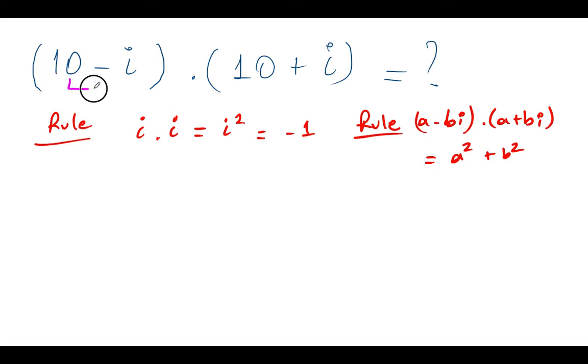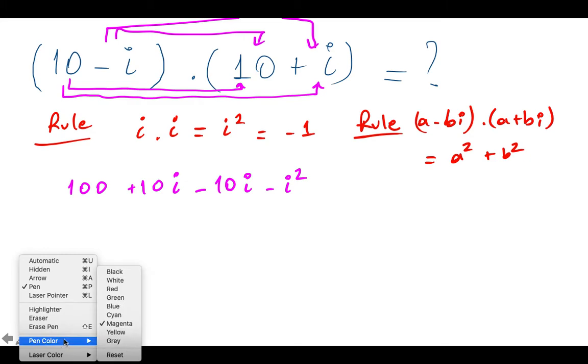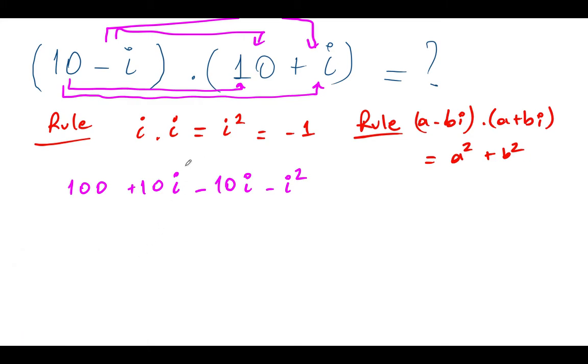If I distribute this one, 10 times 10 will be 100, and 10 times i will be 10i, and then negative i times 10 will be negative 10i, and negative i times i, negative i squared. And then it's clear that here positive 10i and negative 10i will cancel out each other.